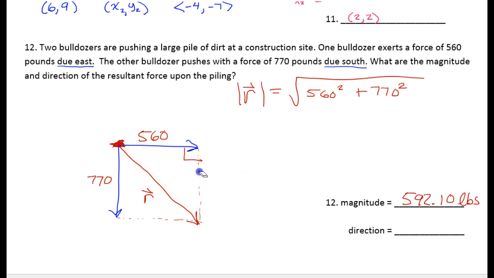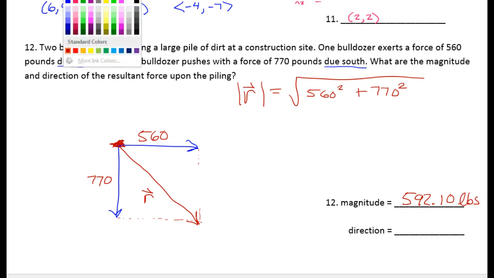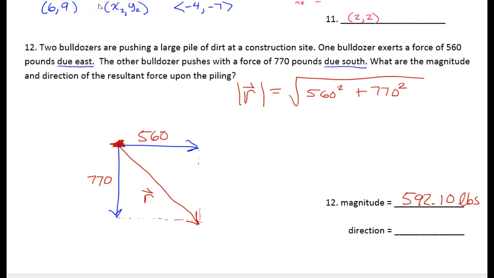So for the direction, I'm going to forget about this whole triangle business, and instead I'm going to imagine the coordinate axes, like x and y. So it would be very easy to find the reference angle. This reference angle right here, call it R. It'd be very easy to find this. And you know what, maybe I will put this back.